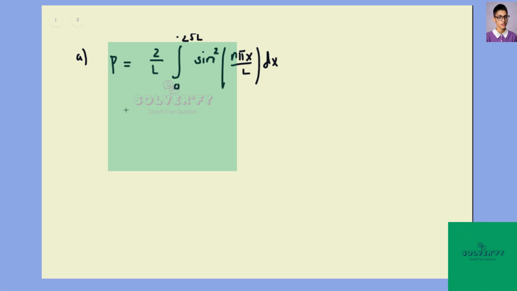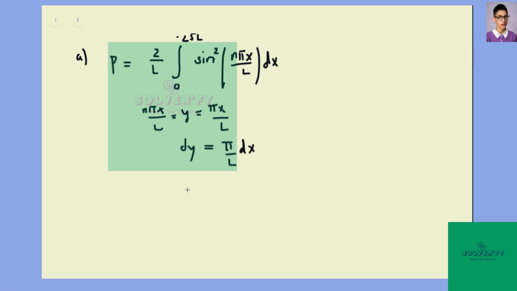Now we can either evaluate it easily or we can try to make a substitution. So let's make a substitution of n pi x over L. Let us say that this is equal to y. In our case, n is equal to 1, so I'll write this as pi x over L. Then dy should be equal to, these two are constants, so it will simply be pi over L dx.